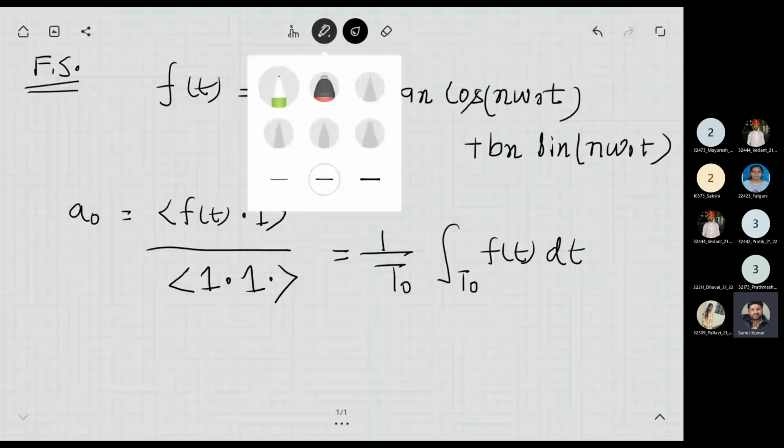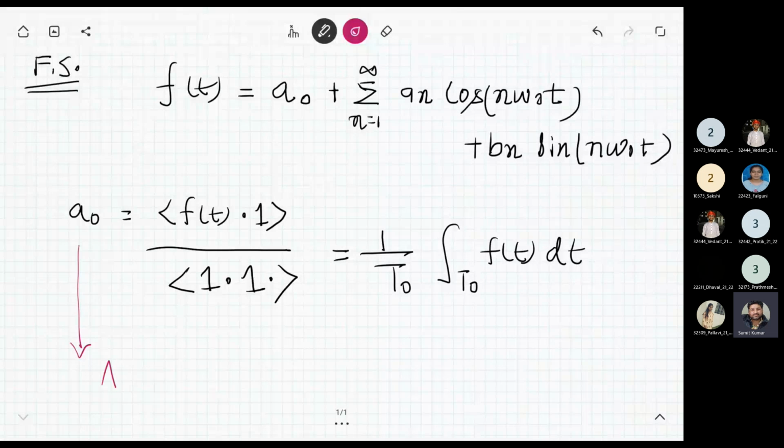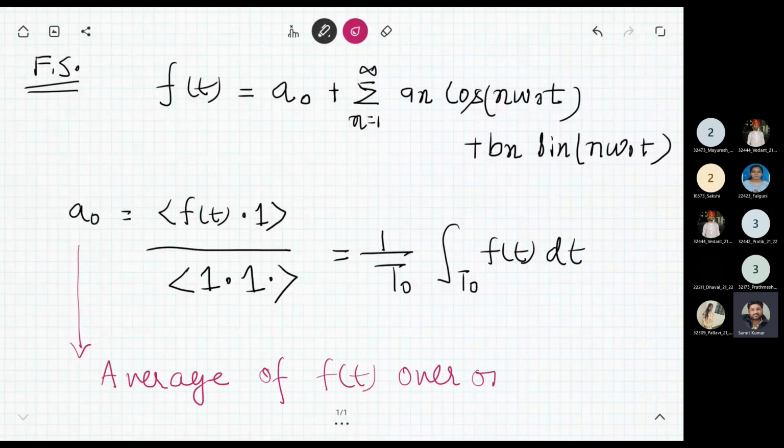So a naught is nothing but we can regard it as the average of f(t) over one period. And we will be determining it like that only, because most of the signals you will be asked to find the Fourier series of, you don't really have to do integration to find the average.